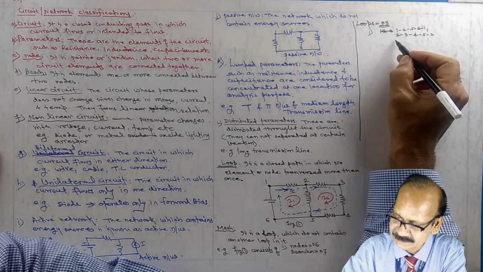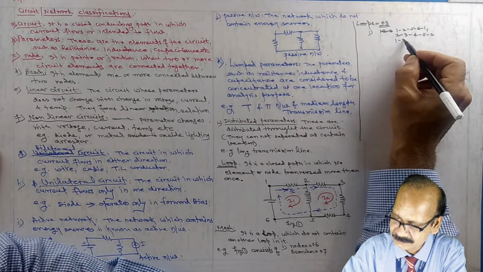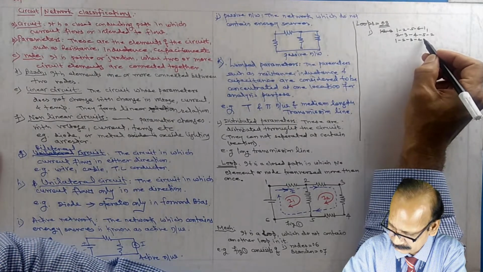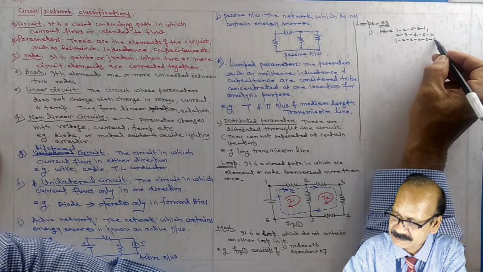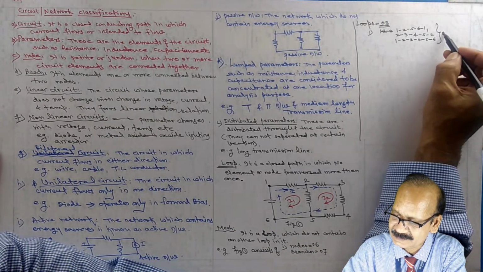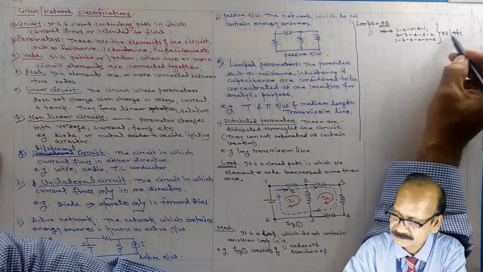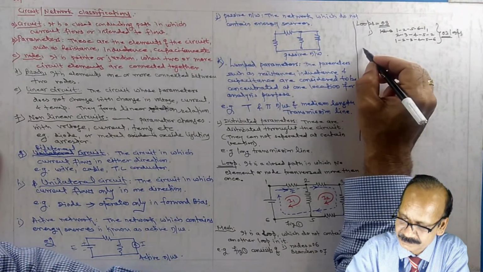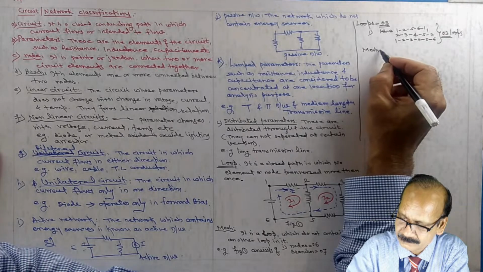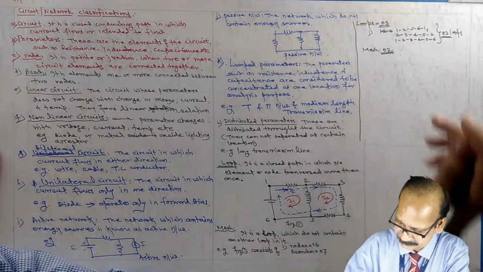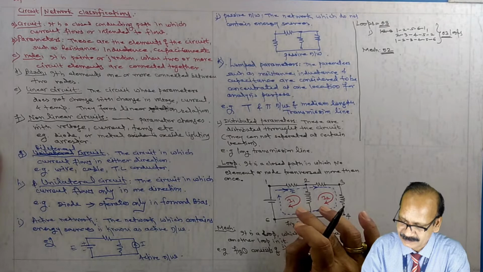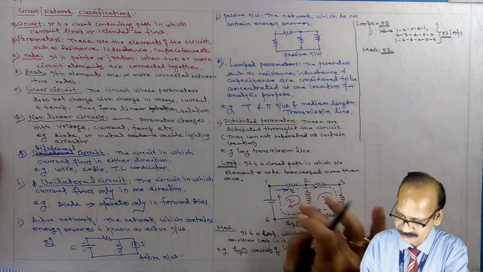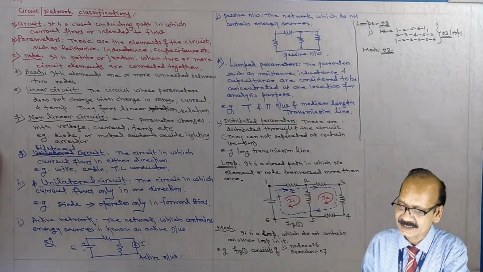And the third one is 1, 2, 3, 4, 5, 6. So these are the 3 loops. And the number of meshes here is 2 only, shown by the red ink, that is I1, I2.